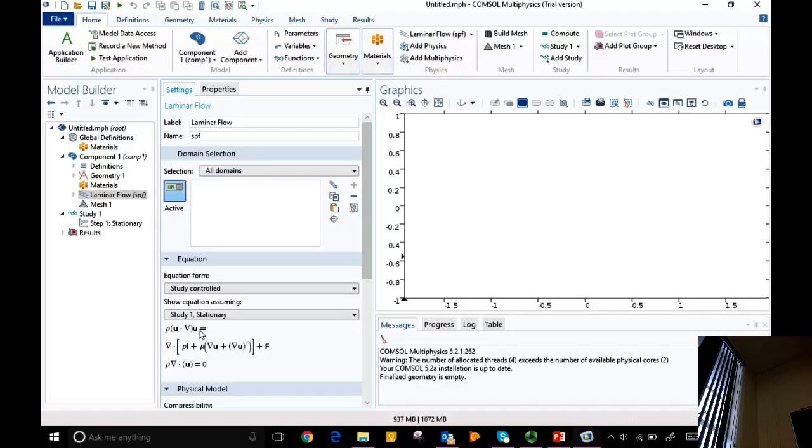Minus gradient of p plus rho g plus mu del squared v, with del dot v equal to 0. This is the equation that we develop for any Newtonian incompressible fluid. These are the two assumptions. Newtonian meaning it's a linear rate of strain relationship, and incompressible means density is constant. That model is a very good model for most fluids, air and water being the most abundant one.